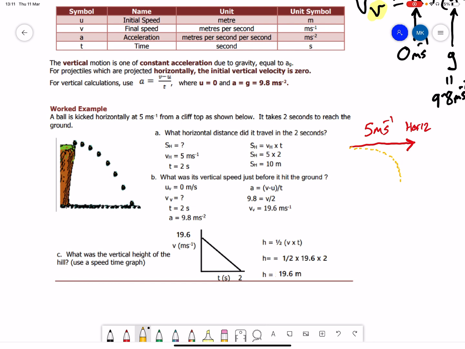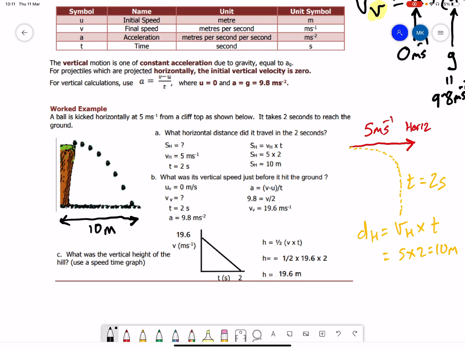So it's been kicked horizontally, and the time equals 2 seconds. Part A is calculate the horizontal distance. You need the horizontal velocity, which we have, times the time, which we have. So it's 5 times 2, 10 meters. So the horizontal distance is going to be 10 meters.